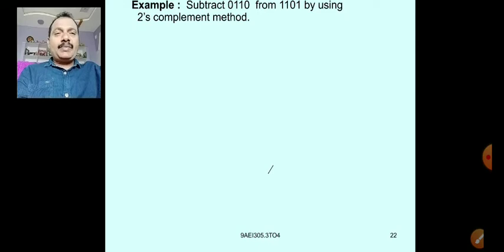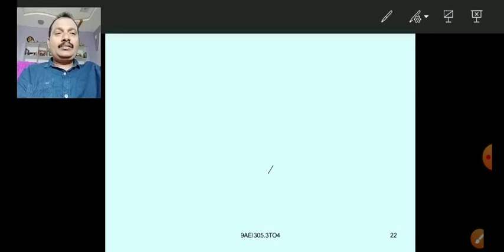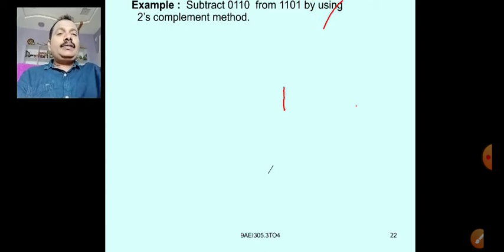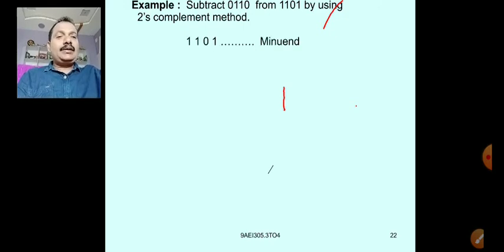So here the subtrahend b is 0110 and the minuend a is 1101. So let us take the conversion process.